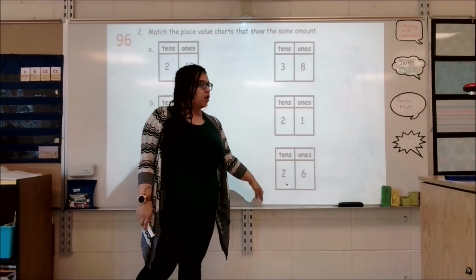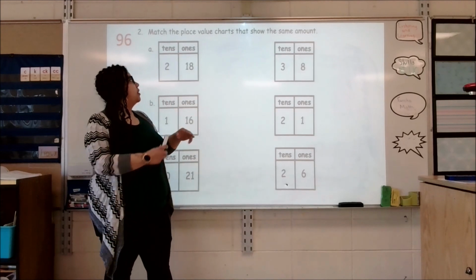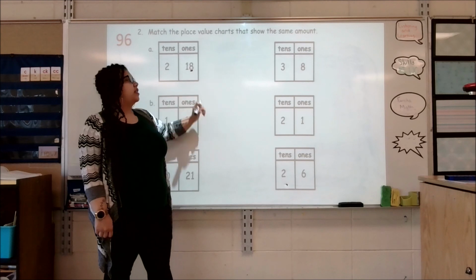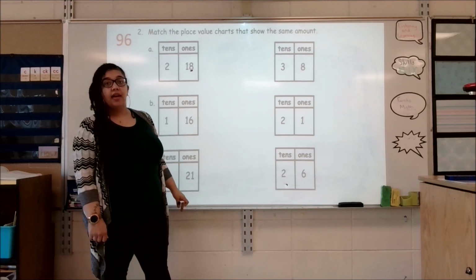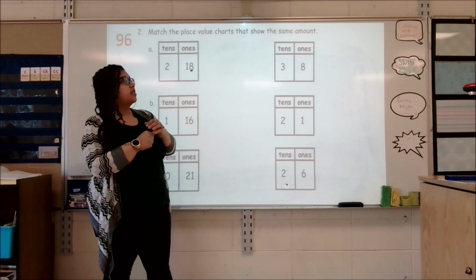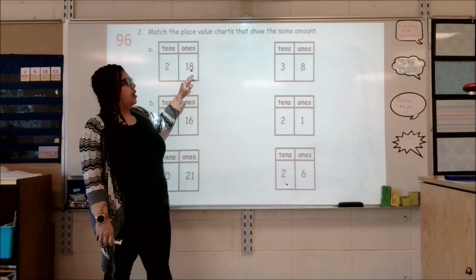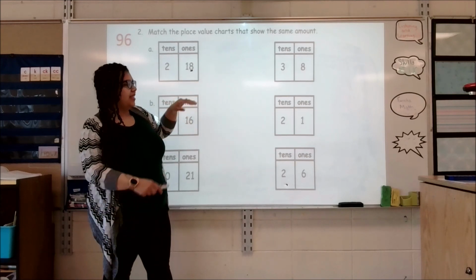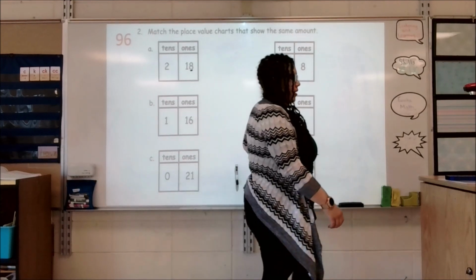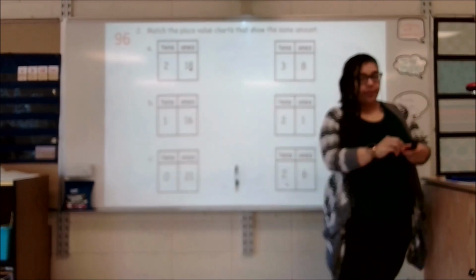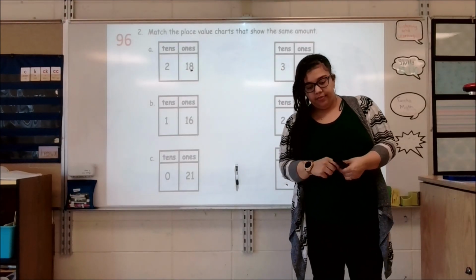Well, let's take a look at it. If I start moving pieces around, this digit right here is going to stay the same, correct? The digit in the ones place, 18 ones we agreed, is a group of 10 and 8 ones, right? They just all loosed up.